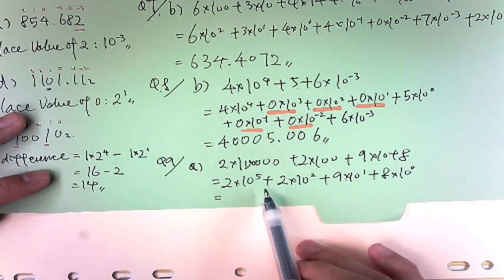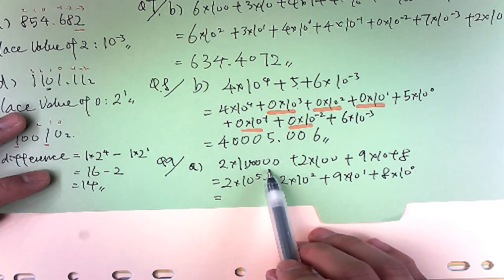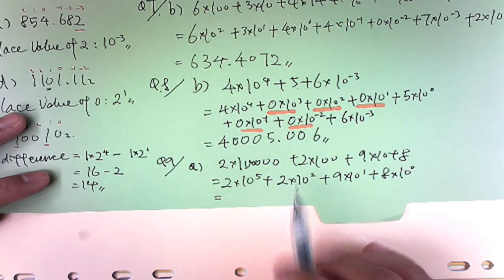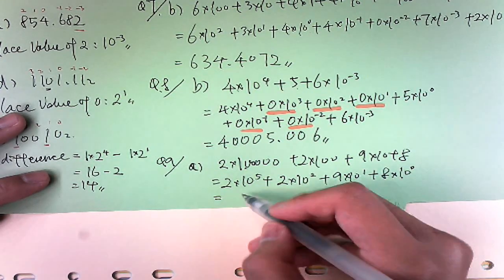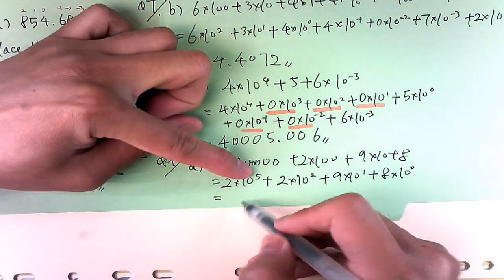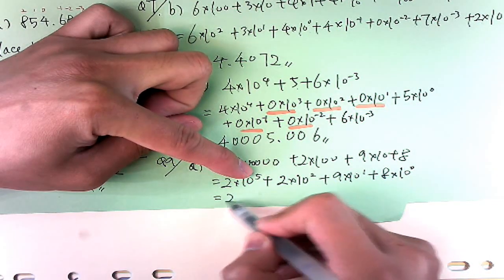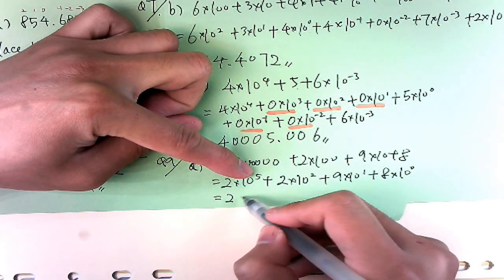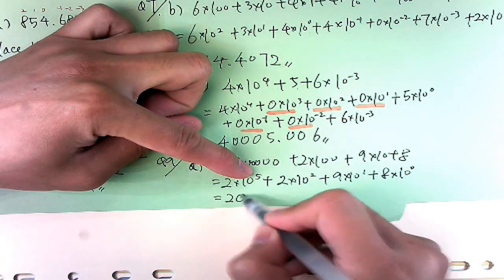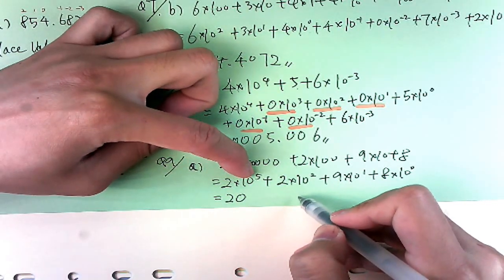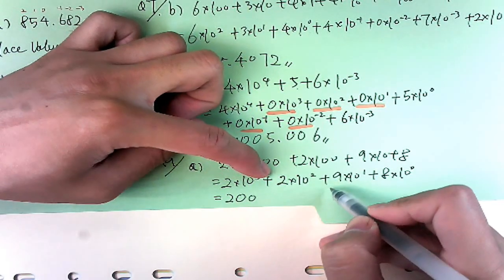Actually, you can add some terms in between here to make it the power 3, power 4, right? Or you just keep in mind and write down the 0, okay? So you can just write from the 5, 10 to the power 5, 2, right? And then next should be 4, but we don't have, make it 0. Next should be 3, right? We don't have, make it 0, understand?